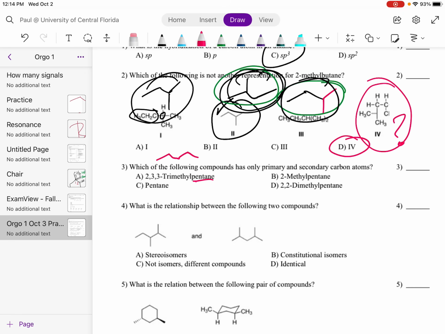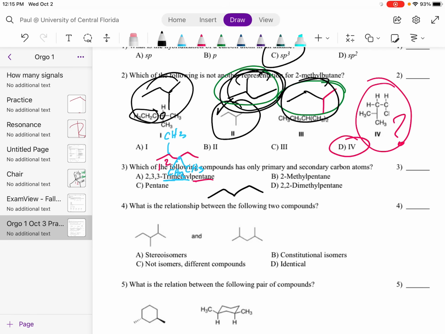And if I number the carbons, 1, 2, 3, and I see that it says that there's 3 methyls at position 2 and 3. There's 1 methyl here, and then 1 methyl there, and a second one there. Just like that. So if I clean that structure up, okay, for the 2,3,3-trimethylpentane, does that make sense?